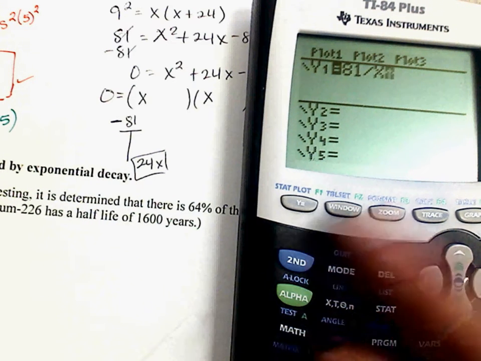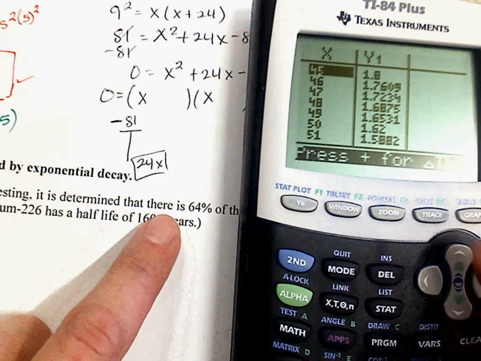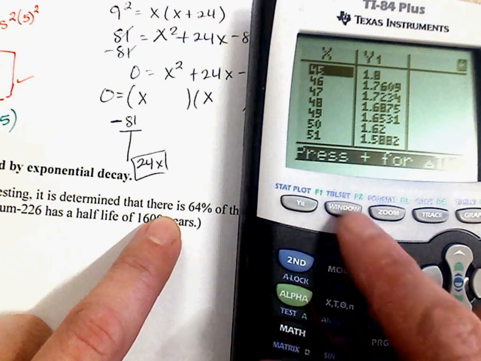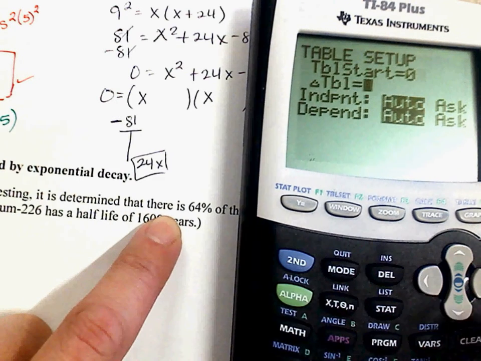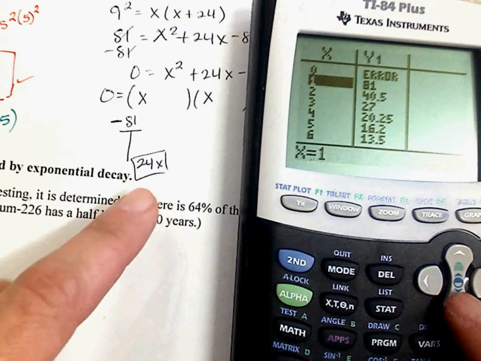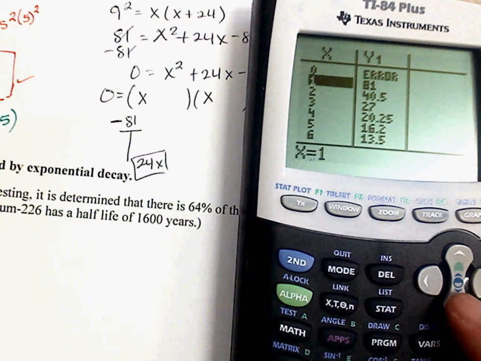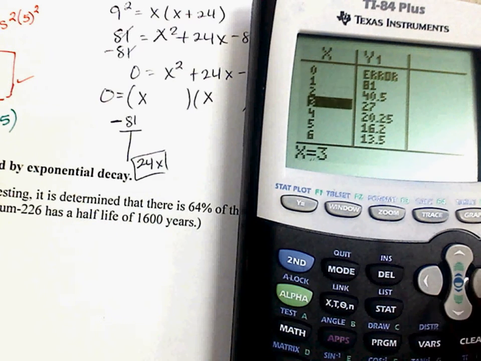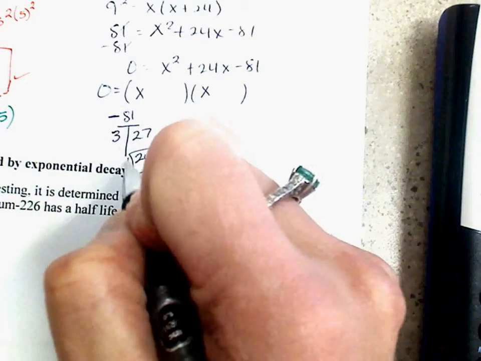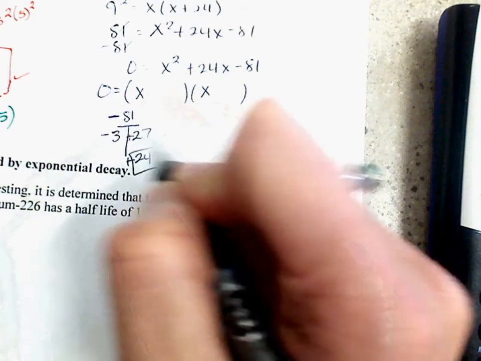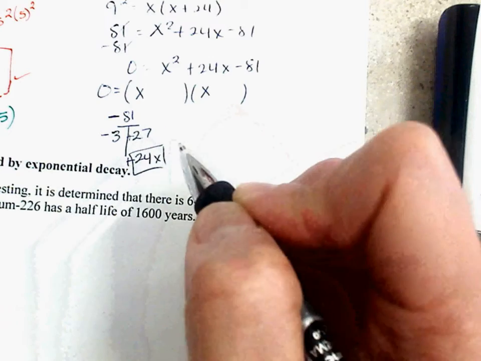Go to your table. Let me change this real quick to table set, starting at 0. There we go. 1 and 81 do not subtract to be 24. How about 3 and 27? This is plus, so it goes with the bigger number. If this was negative, negative would go with the bigger number. So, negative 3 plus 27.